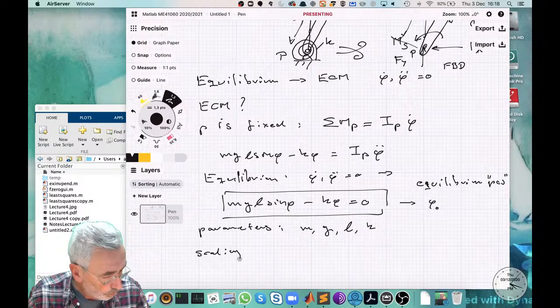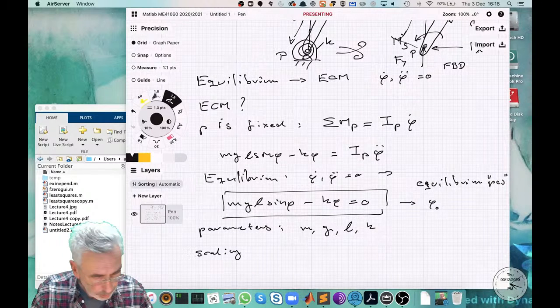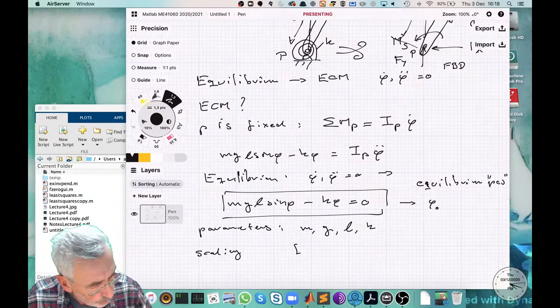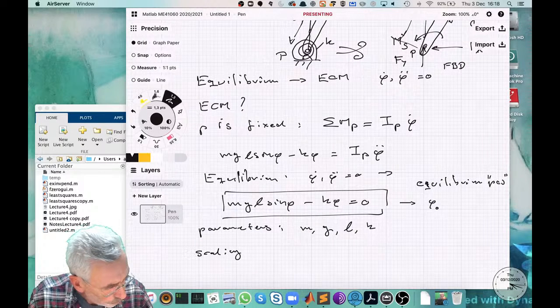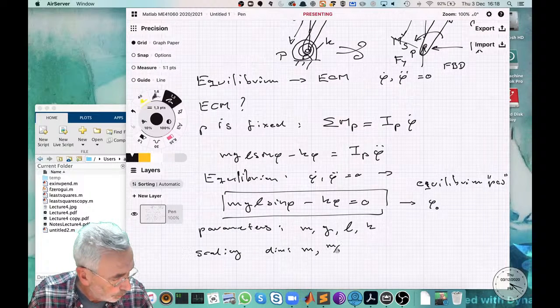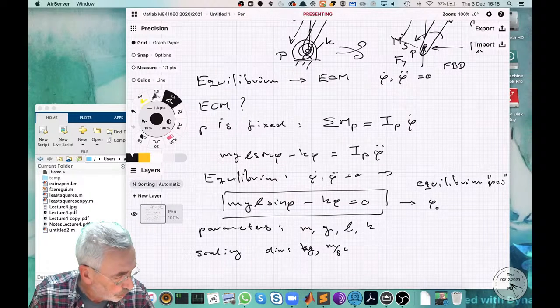Because we have physical quantities, the dimension of this is length, right? So that's meters. This is kilograms of course, this is meters per second squared, this is meters, this is Newton per meter.